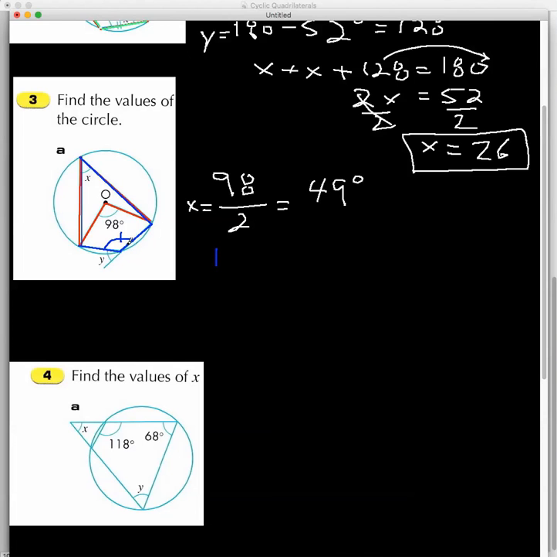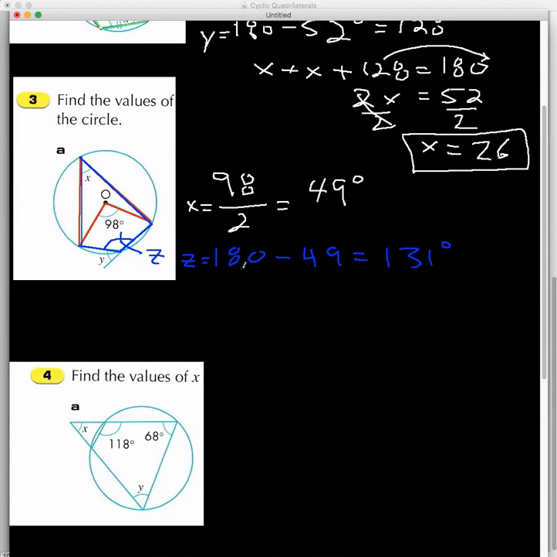So if I want to find this angle in here, let's call this angle, say, z, okay? Z is equal to 180 minus this x, which is 49. Okay, and we should get 131 degrees here, if that's the case.